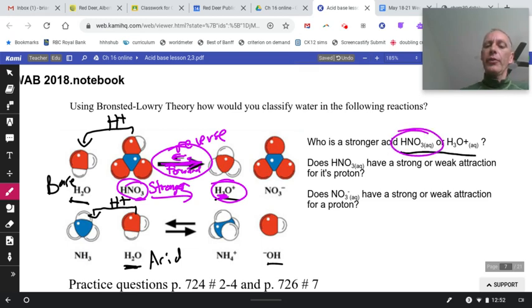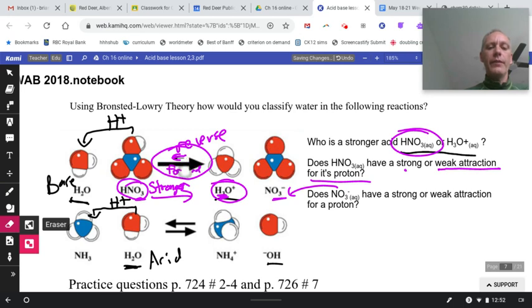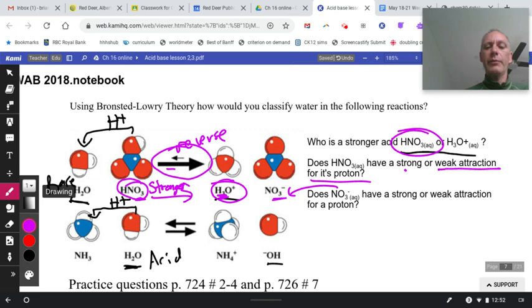Okay, does HNO3 have a strong or weak attraction for its proton? Well, if it's a strong acid, it will have a weak attraction for its proton. Does NO3 minus have a strong or weak attraction for a proton? Well, if the reaction doesn't move in reverse very much, what does that tell us about the strength of this to accept a proton from hydronium?